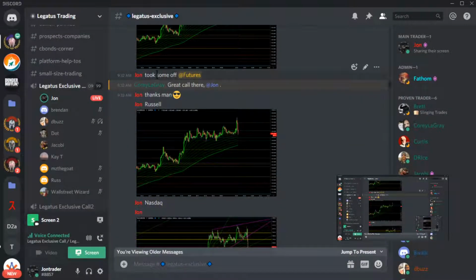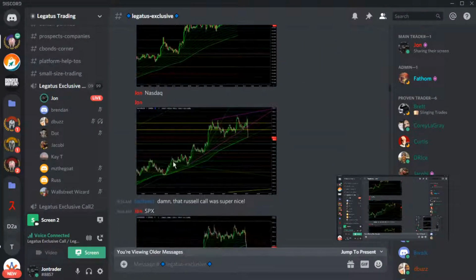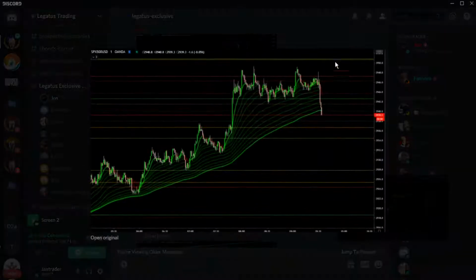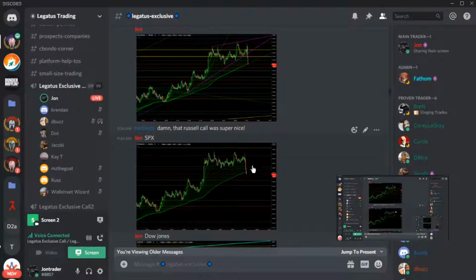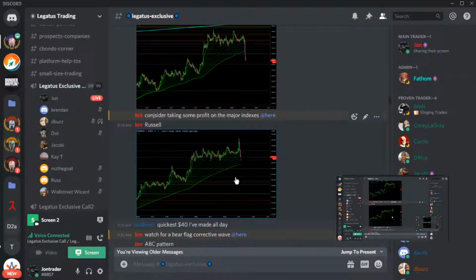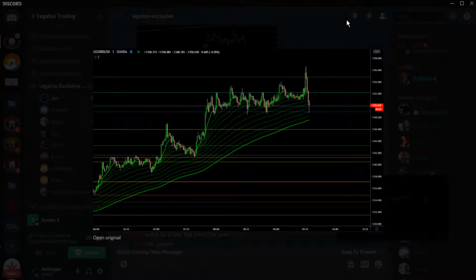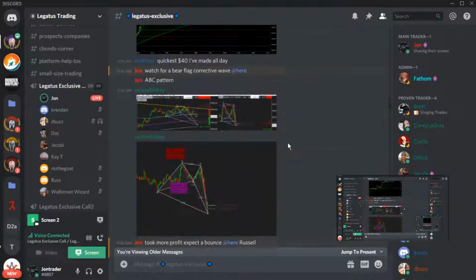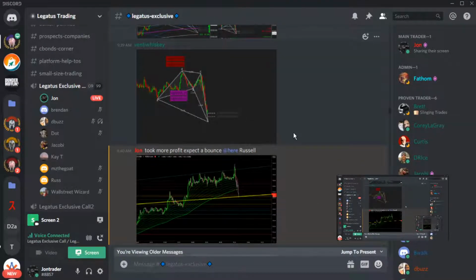I took some off originally, and as soon as it started to drop, the rest of the major indexes started dropping a lot more. You can see they didn't have as much of a spike, but they gave us enough of a spike to get an entry. The Russell continued to come off of its spike too. It had more of a predominant spike, so that's why we went for that one first.